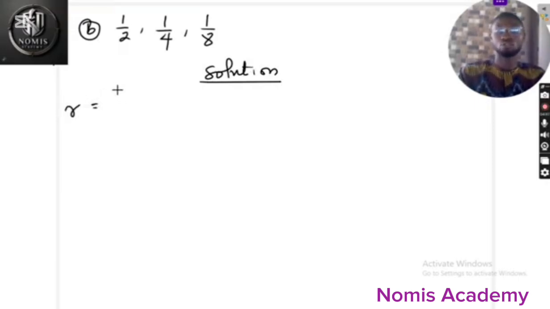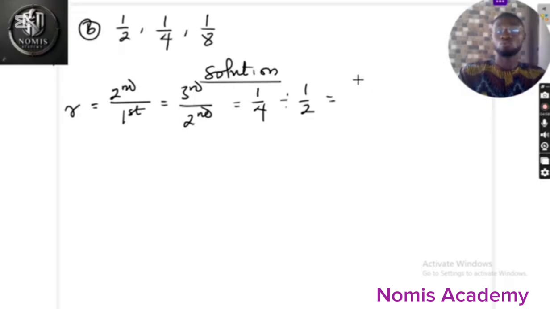The common ratio is the second term divided by the first term, which must equal the third term divided by the second term. So 1 over 4 divided by 1 over 2, which must equal 1 over 8 divided by 1 over 4.